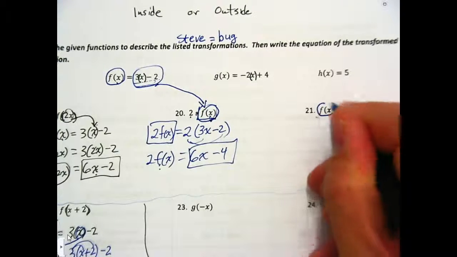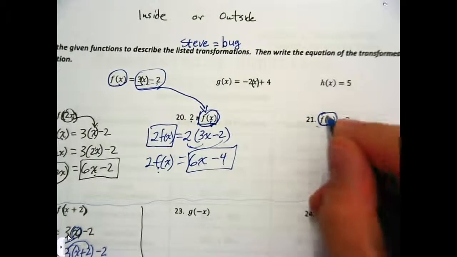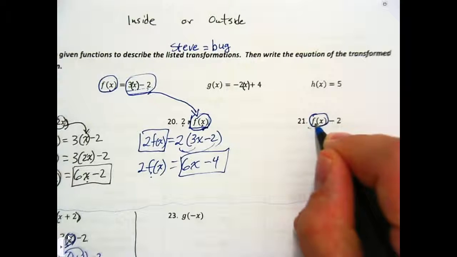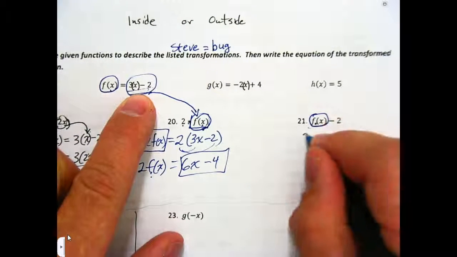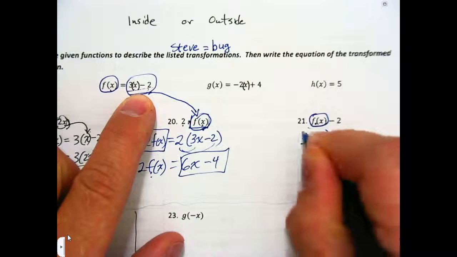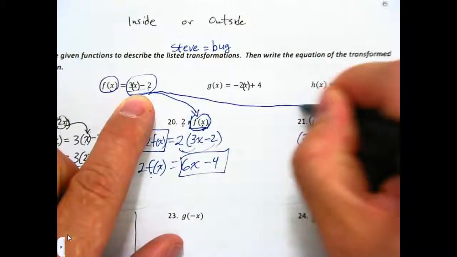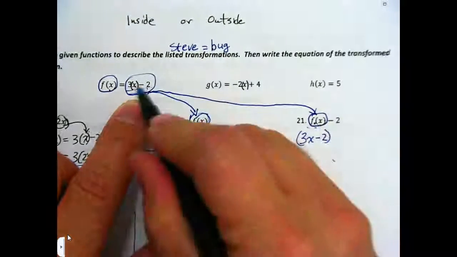f of x. Hey, pay attention, guys. f of x is right here. That's its weird name. What's the normal name? 3x minus 2. So we put that in. 3x minus 2 replaces f of x. That goes in for that. So this plugs in for the f of x. Notice x is still x. The parentheses didn't change. So we keep them the same.